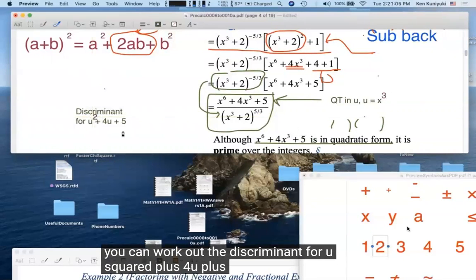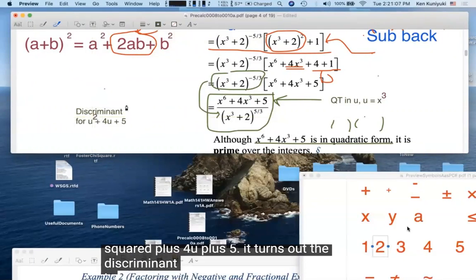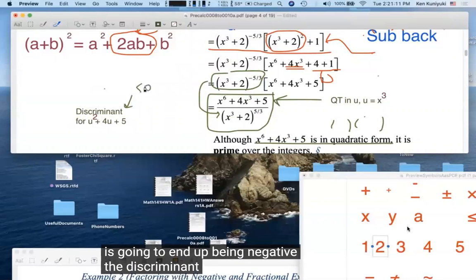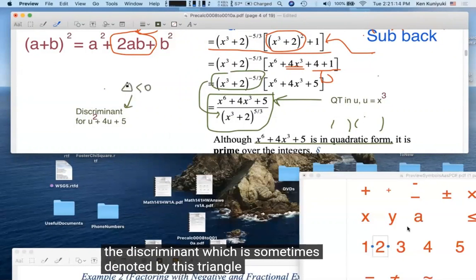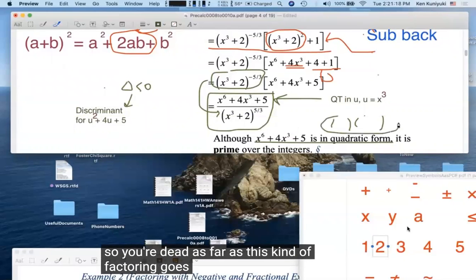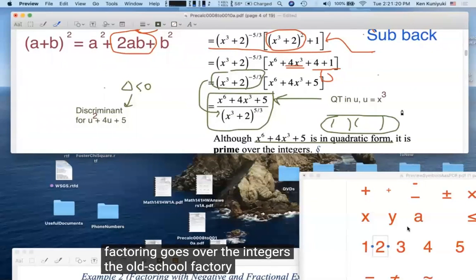It turns out the discriminant, sometimes denoted by this triangle, is negative, so you're dead as far as this kind of factoring goes, over the integers.